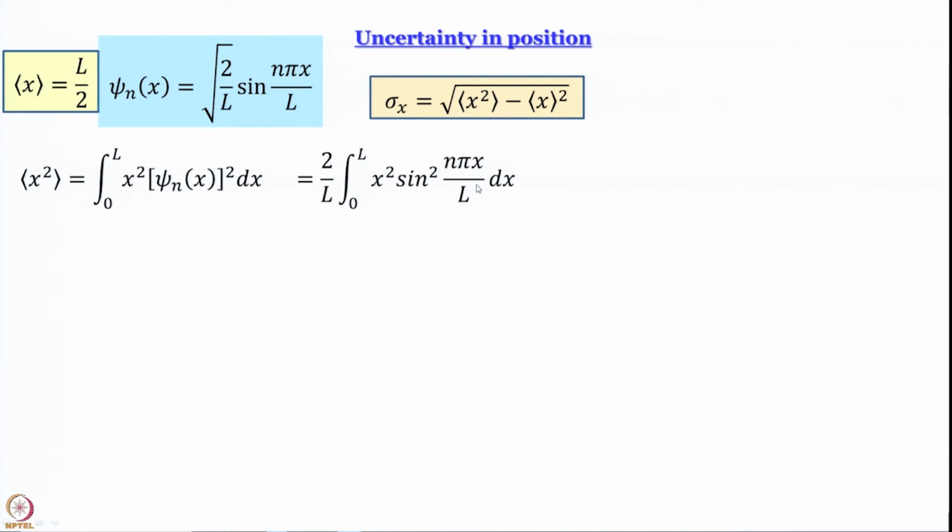Now, when we have an integration like this, then usually we like to simplify it by going from the square of trigonometric term to something that does not have a square.